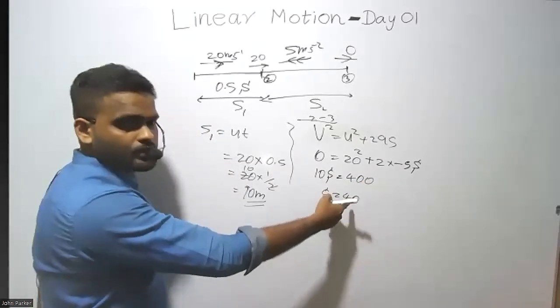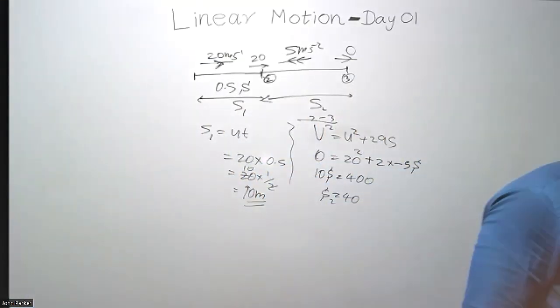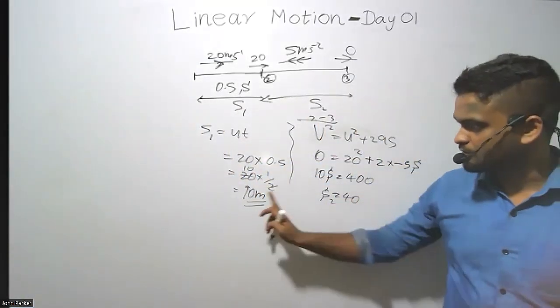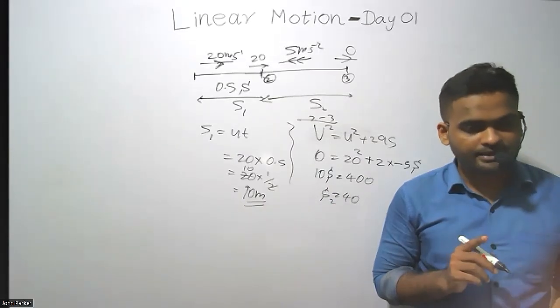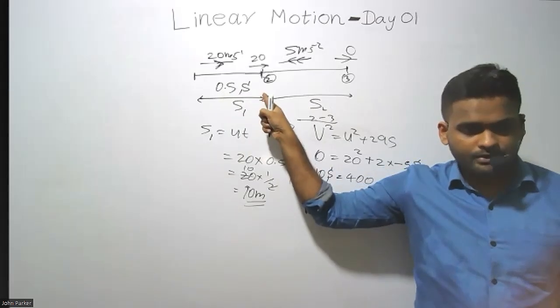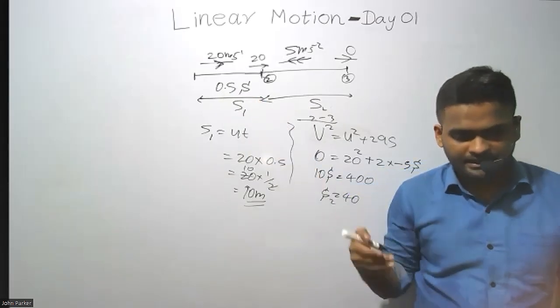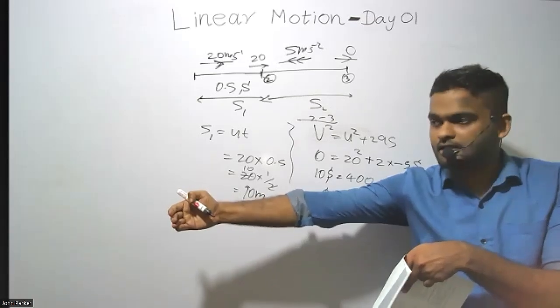This is S2 actually. In order to prevent the accident, you need to prevent both. You need to add these both, right? Not just one. So it is not 40 meters. This also should be added to that. Why? Within the reaction time also he is moving towards the barrier.